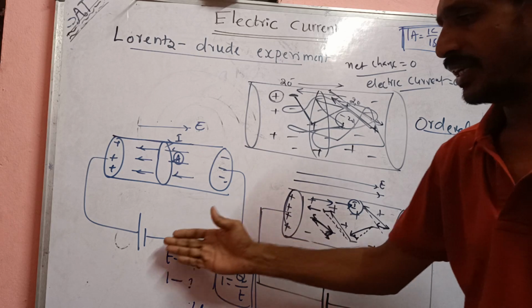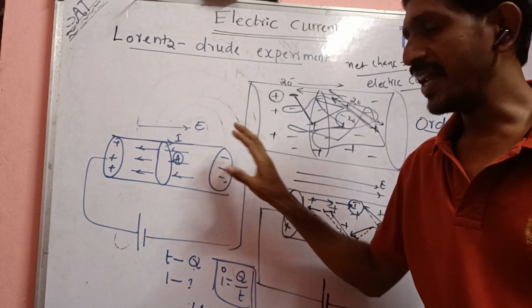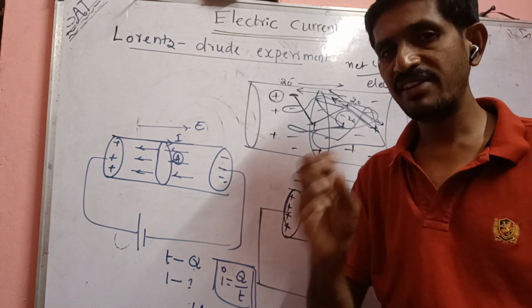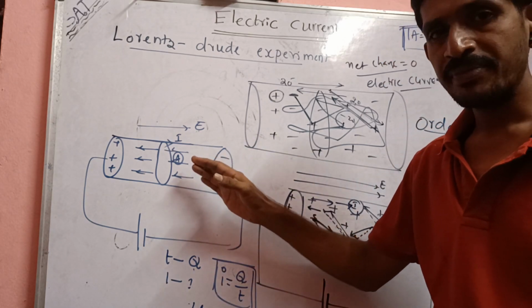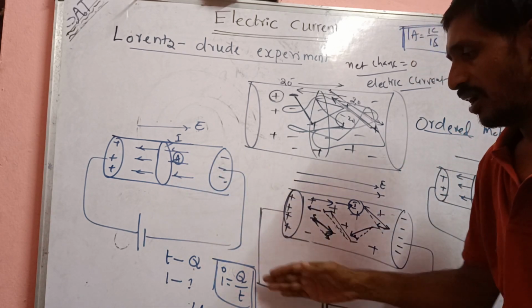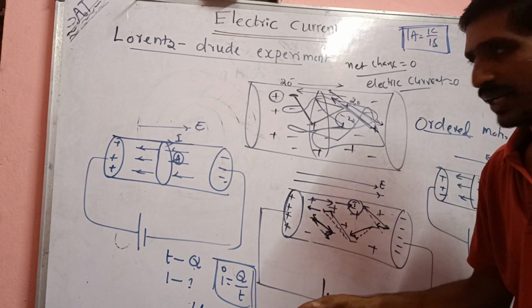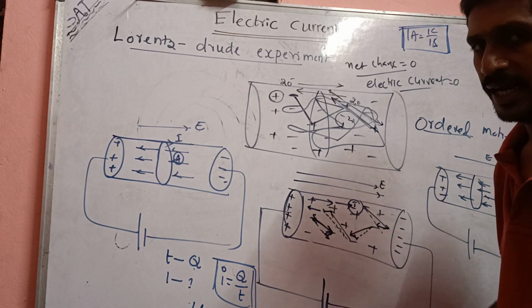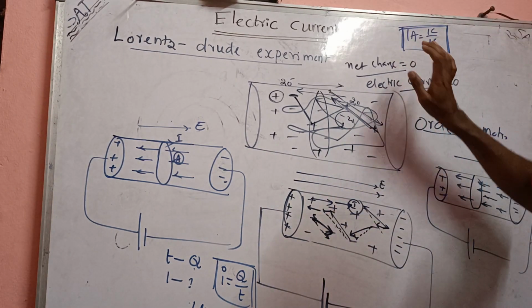After connecting the cell or battery, there is definitely a direction. The electrons have a specified direction, so the net charge is not equal to zero and electric current flows in the conductor. So we have formulated the electric current: I is equal to Q by t, the unit is coulomb per second, also called ampere.